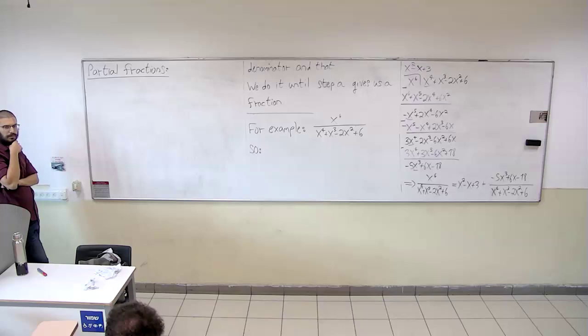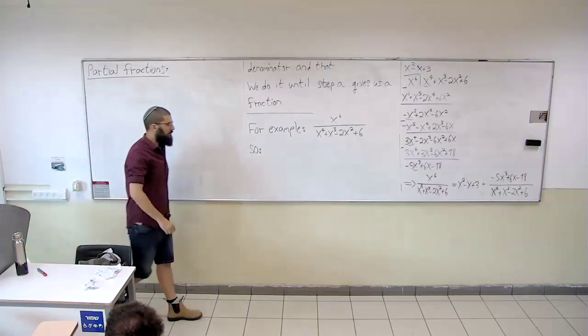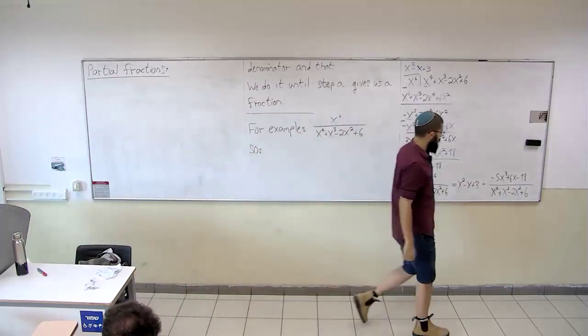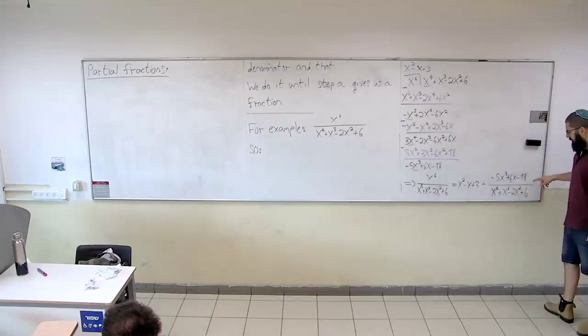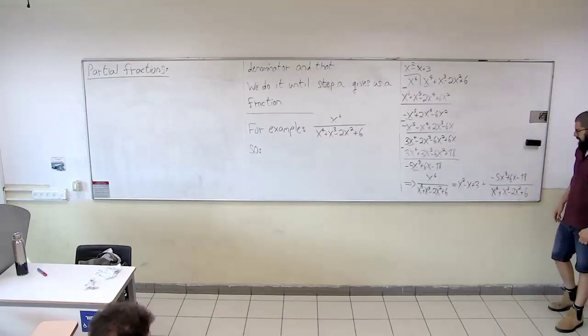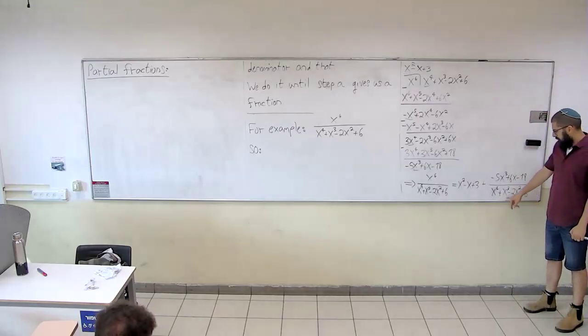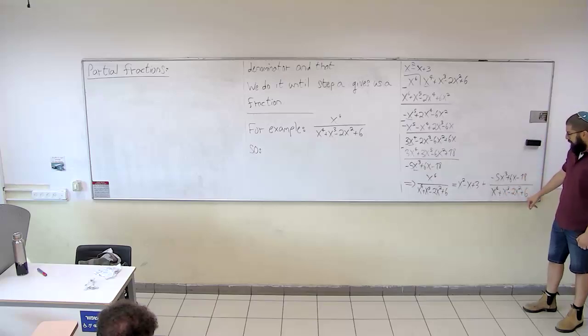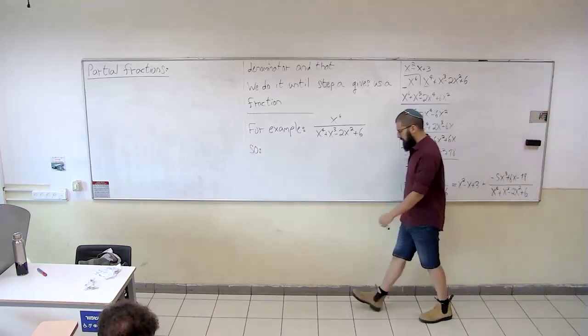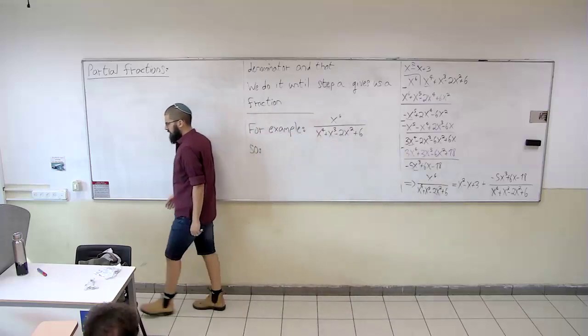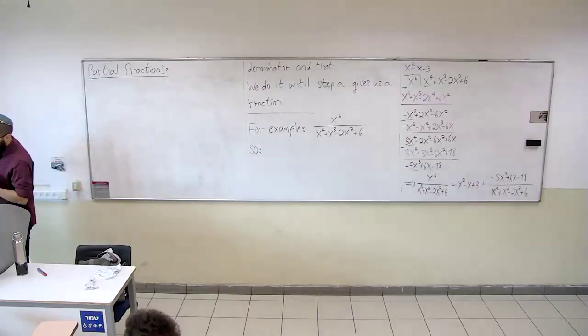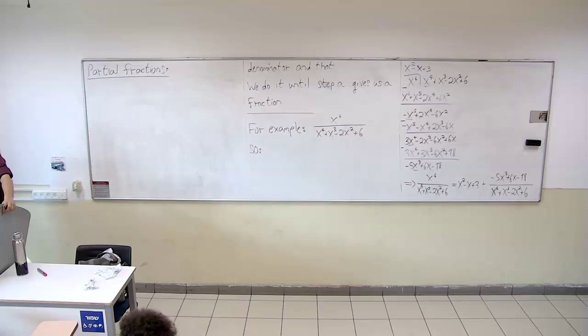Is that the kind of partial fractions we have to solve in the exam? No. This one is a bit harder than I expect from you, because the process of writing down the partial fractions requires us to write down the denominator as multiplications of polynomials of degree 1 and 2.